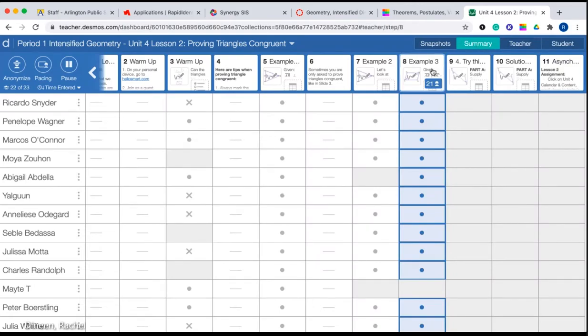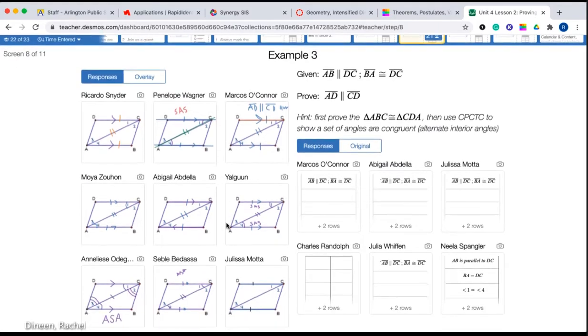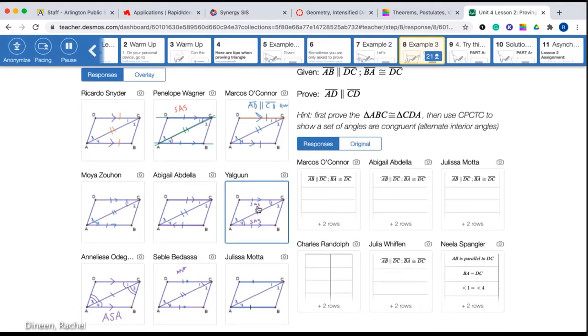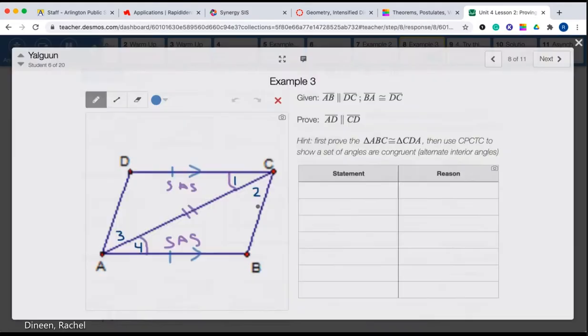All right, I want to pull up Yelgoon's for a second. So, Yelgoon, I have a question for you that maybe you can answer. Why didn't you mark angle 2 and angle 3 congruent? I'm going to put you on the spot if that's okay.